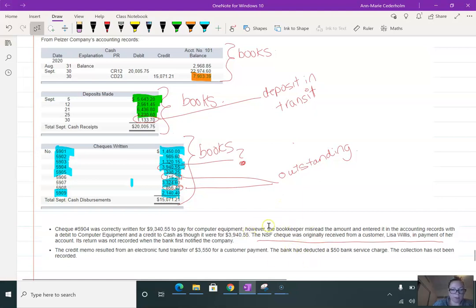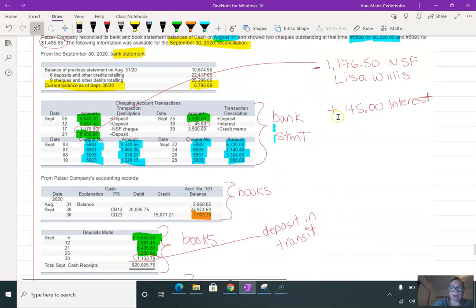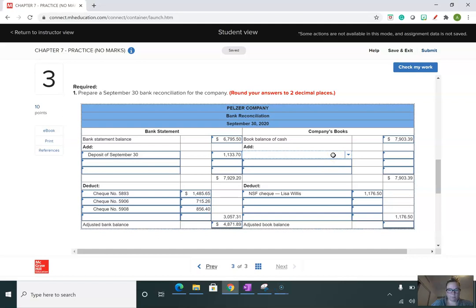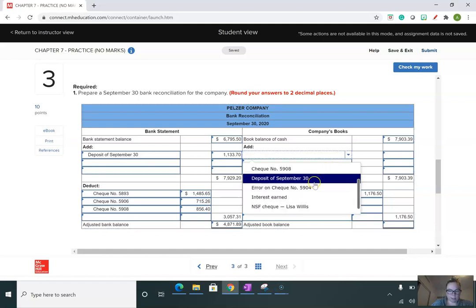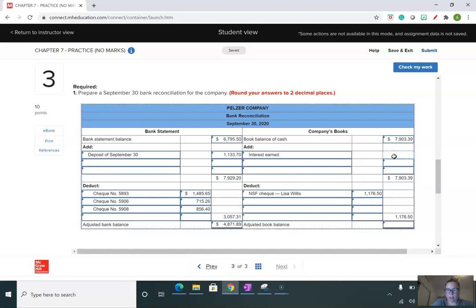Nothing about that, but that's okay. So we'll go ahead and add that 45 interest onto our bank reconciliation. I'll just put interest earned, and that's money coming into my bank account for $45.